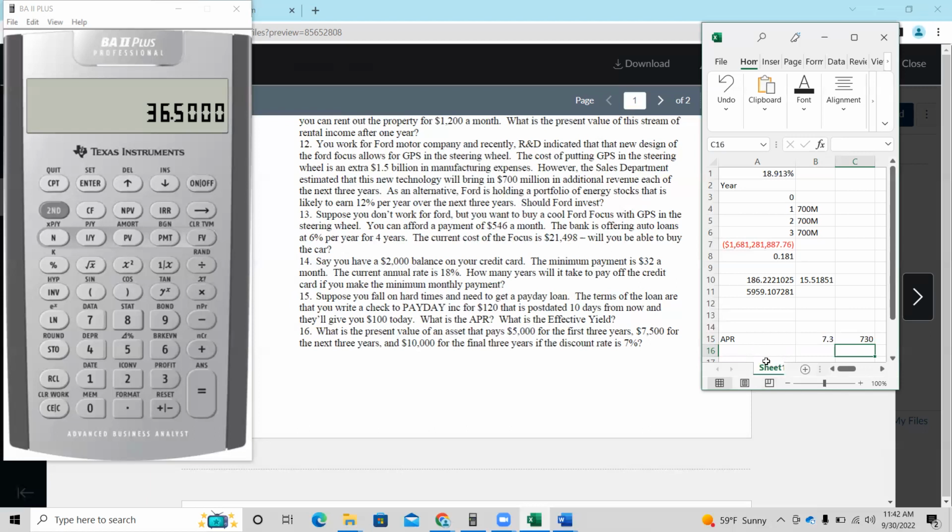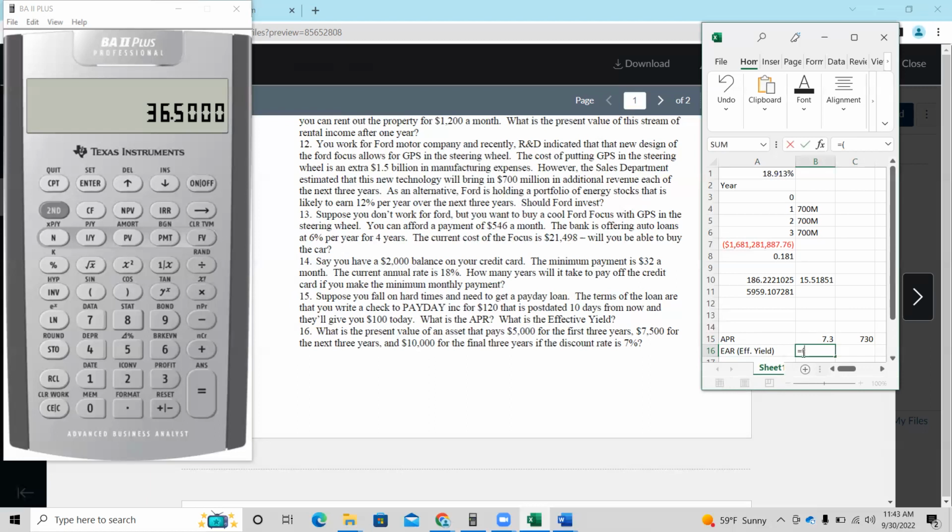All right. Now that we have the APR, we're going to calculate the EAR, or the effective yield, and we're going to follow that formula. Whenever I use the formula, I'm going to use decimals and not percent. So I'm going to use cell B15 as my APR.